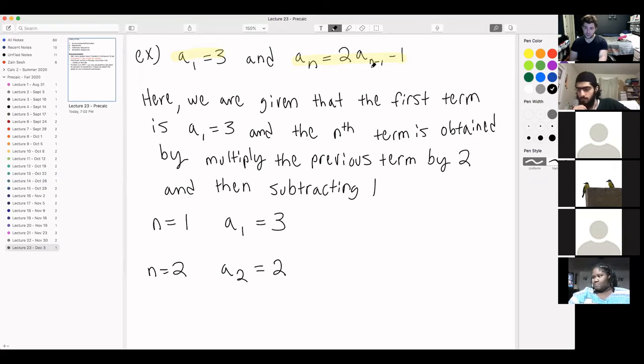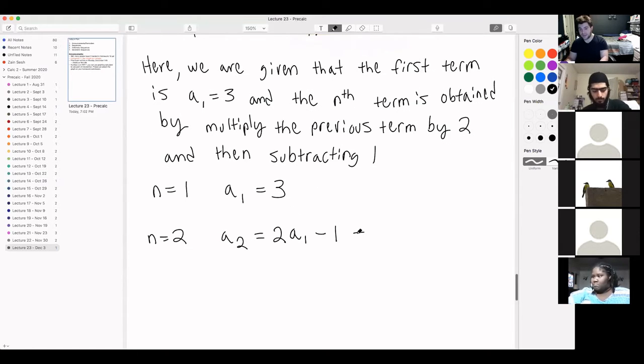If n is 2, then n minus 1 will be 1. So it's 2 times a sub 1 minus 1, and we can get this value because we know a sub 1 is 3. So this is 2 times 3 minus 1, which is 5.